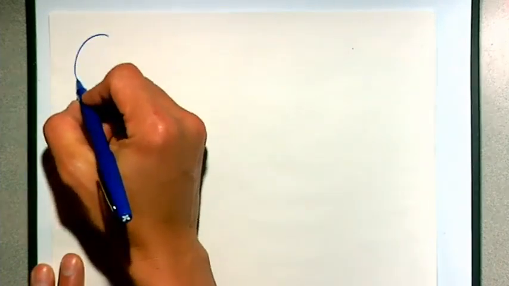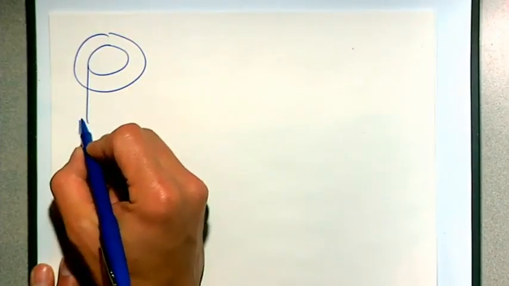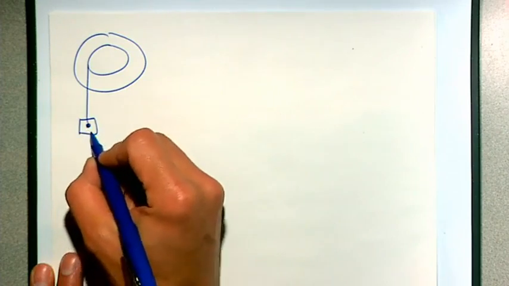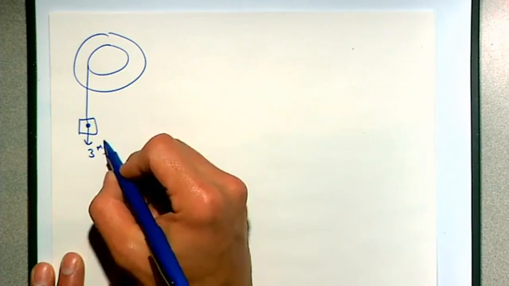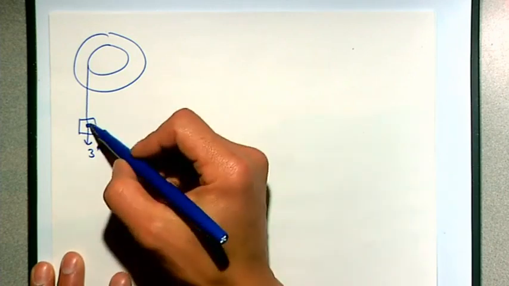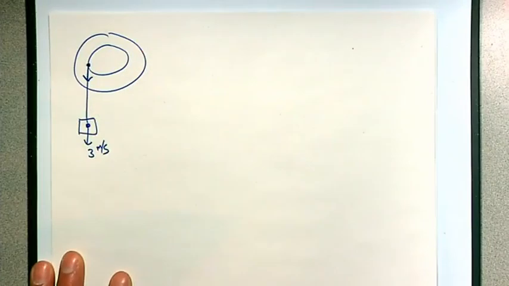Here, we got to relate VB and omega. So this point on B is 3 meters per second. So if I climb my way back up the rope, this point on the disk is doing the same thing.